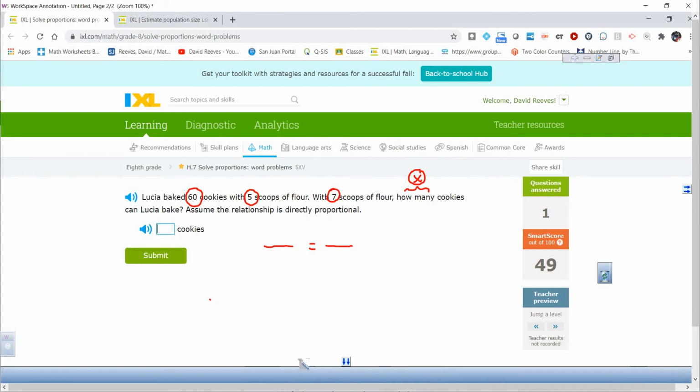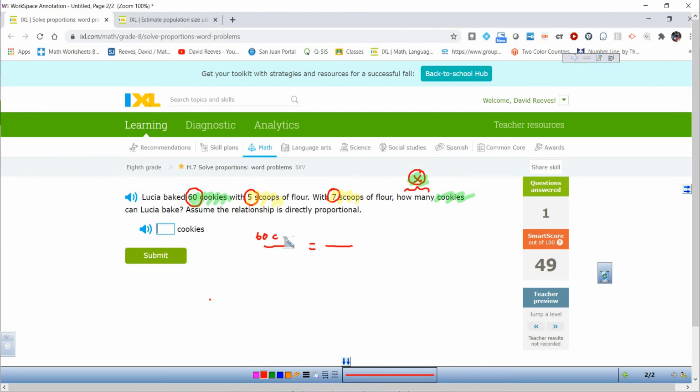Now, again, what do we have? We have 60 cookies, and we have x cookies, right? We have 5 scoops, and we have 7 scoops. All right, so again, we've got some choices. Normally, what we usually do is we put these 2 together, and we put these 2 together. That just seems the way we seem to do it, all right?